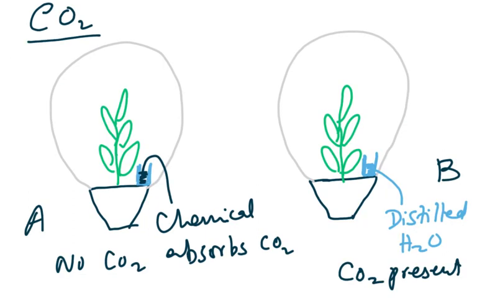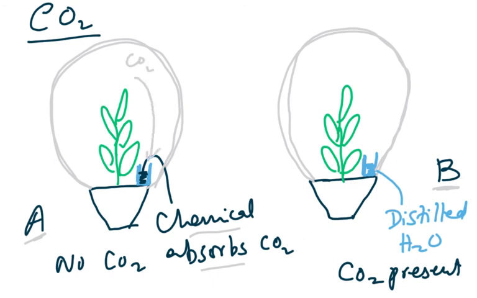Now, the last variable that we talk about is carbon dioxide. So we take 2 potted plants, same size, same species. We cover them with a clear plastic bag and we place a beaker in which the volume is going to be the same. In B we have distilled water, in A we have a chemical that absorbs CO2. So all the CO2 present here will be absorbed by this chemical.